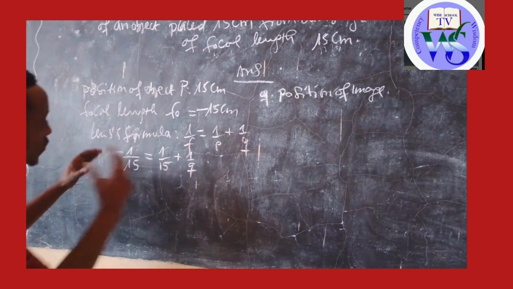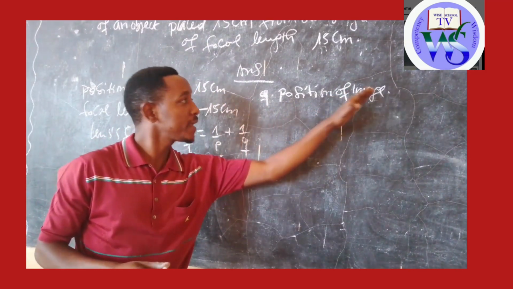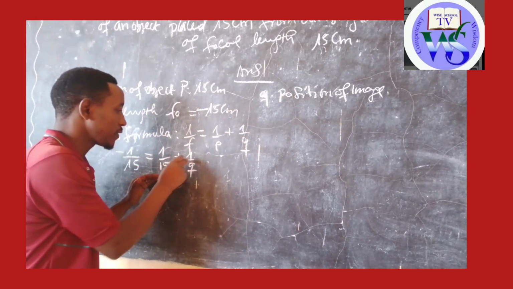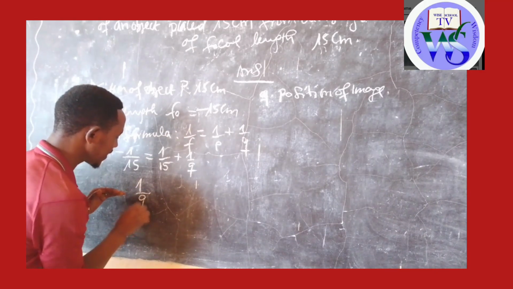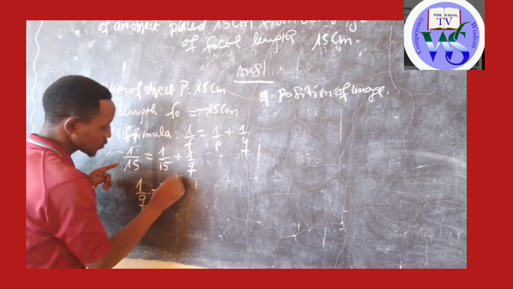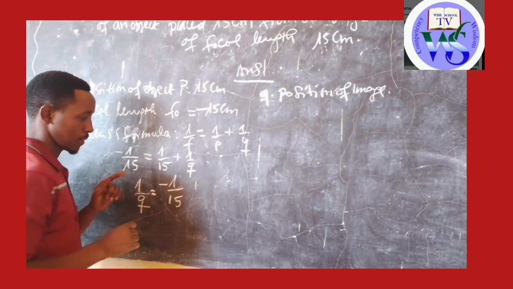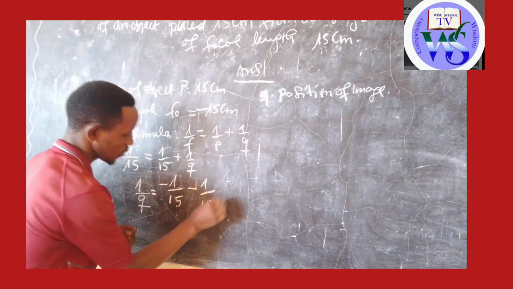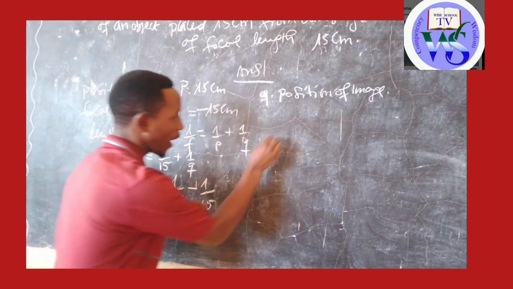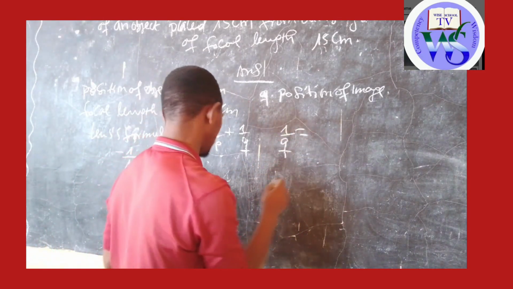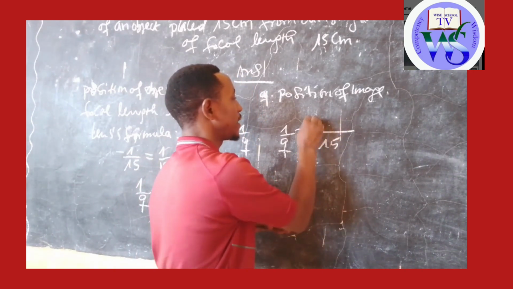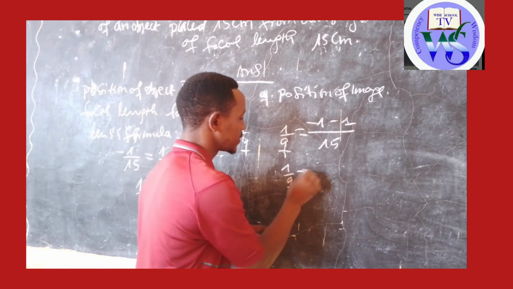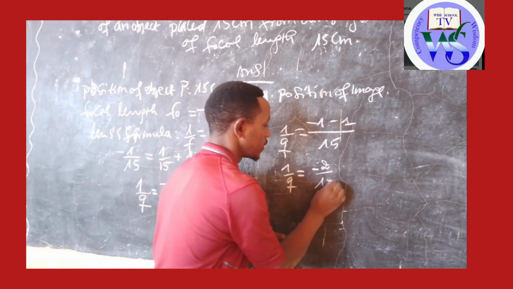Good, we continue. The position of the image is Q. When you replace this, you find the value of Q. Then 1 over Q is equal to minus 1 over 15 minus 1 over 15. With common denominator 15, 1 over Q is equal to minus 1 minus 1, so 1 over Q is equal to minus 2 over 15.